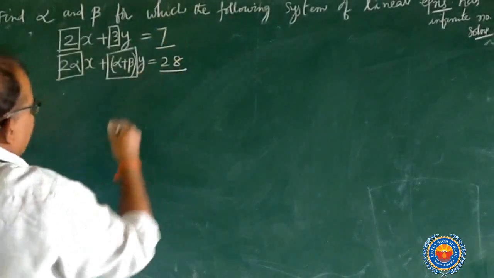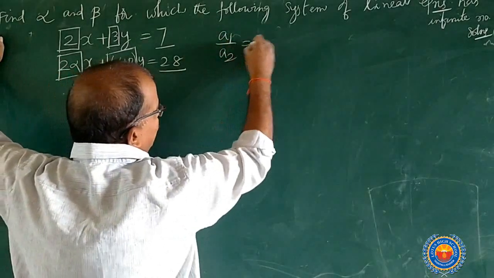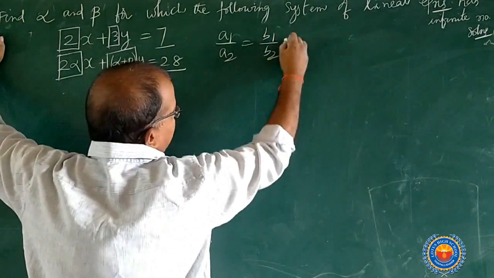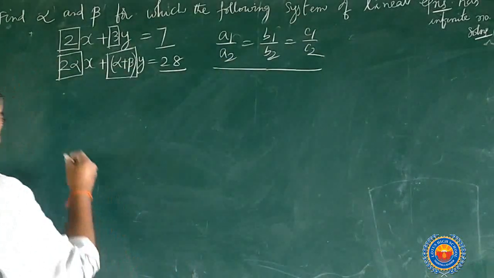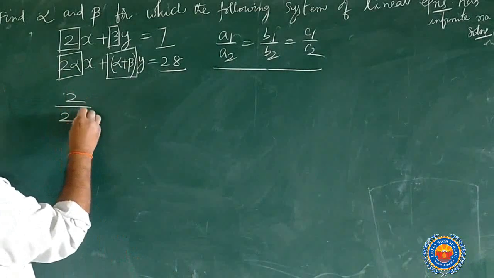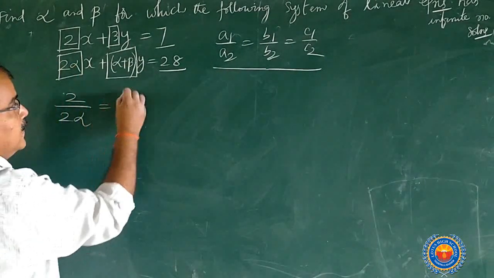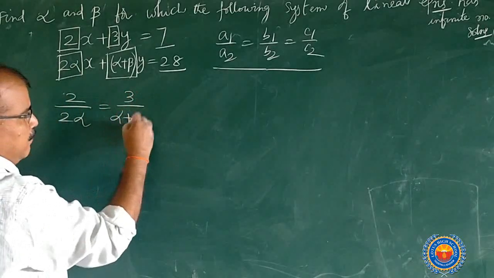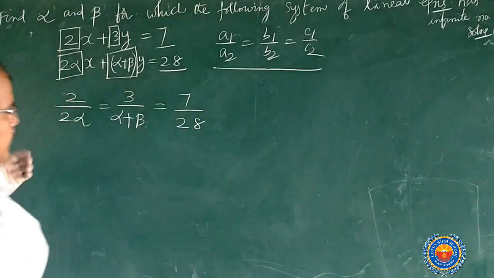If you want, you can write here a1 by a2 is equal to b1 by b2 is equal to c1 by c2. This is the condition. Now 2 by 2, alpha, this is called alpha. We have to find alpha and beta, you know very well. 3 by (alpha plus beta) is equal to 7 by 28.